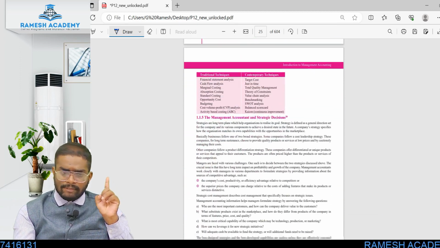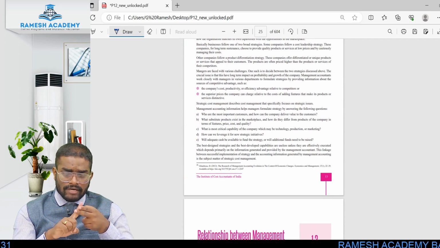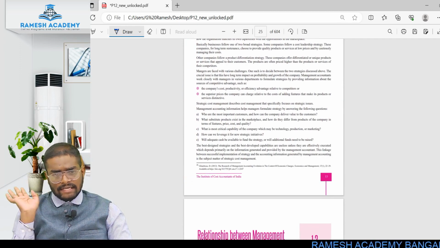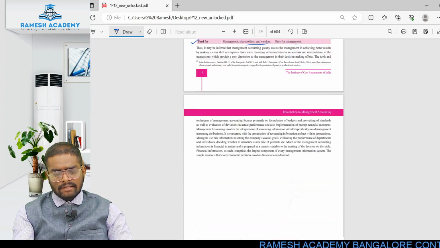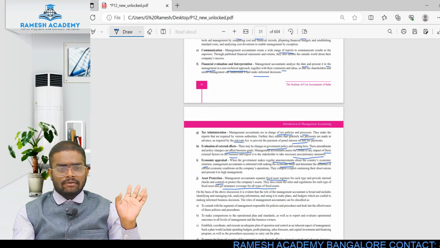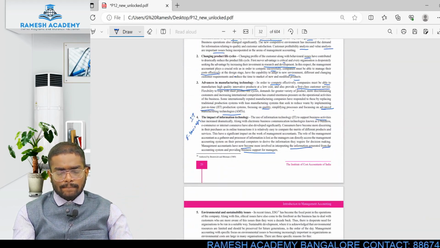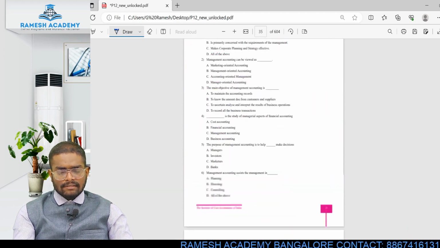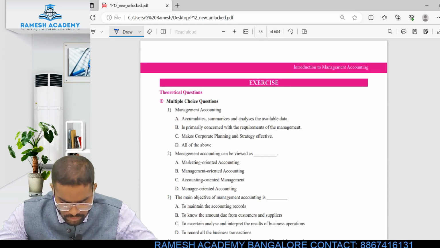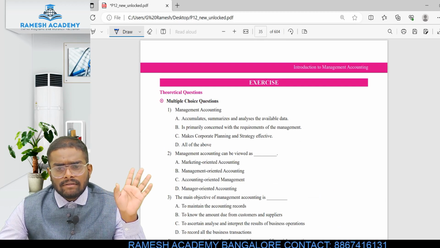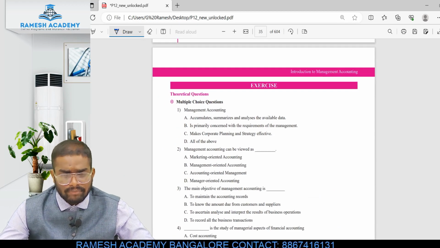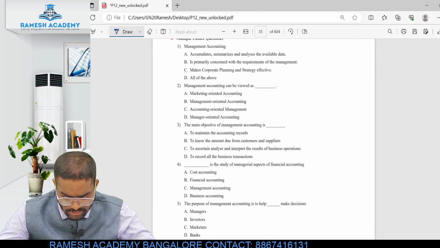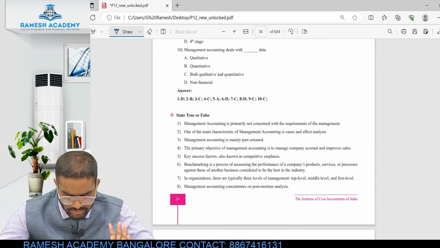Then the relationship between cost accounting or financial accounting with management accounting is A category. They can be asked directly, the differences between them, and the role of management accounting can be taken as A category. Please try to solve the multiple choice questions. It will be all basic kind of things.